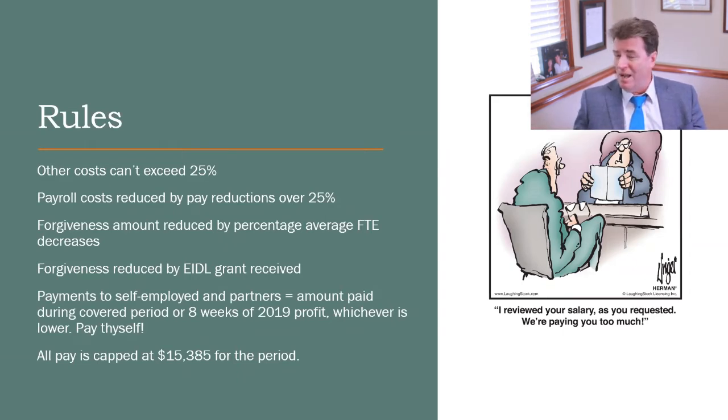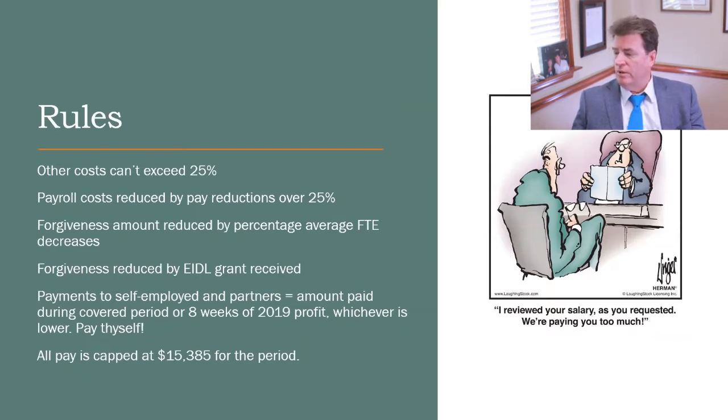I was surprised how much a slight change in full-time equivalent, that's FTE, the number of employees, matters. If that isn't 100%, it will really reduce the amount of forgiveness. This forgiveness is also reduced by the EIDL grant receipt. It depends on your other costs; that may or may not mean that you've got to pay some of that back.